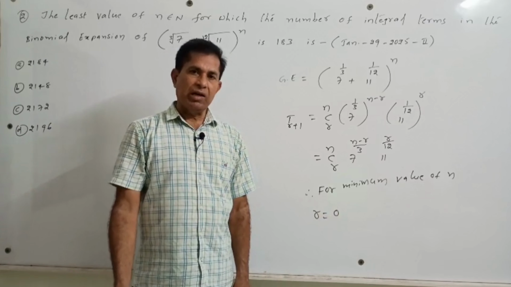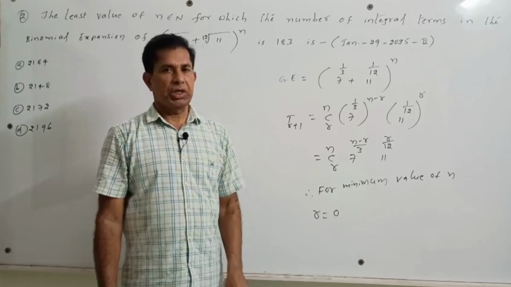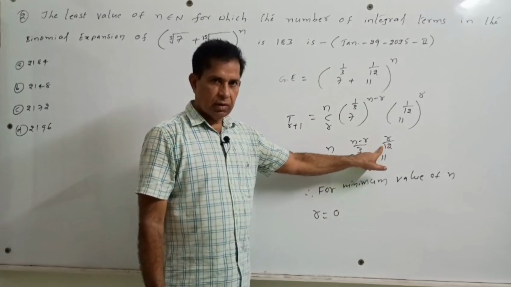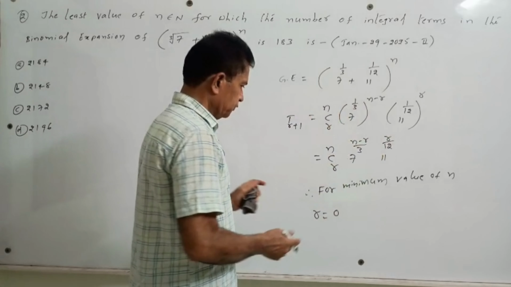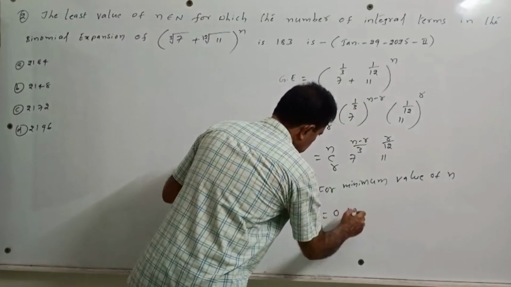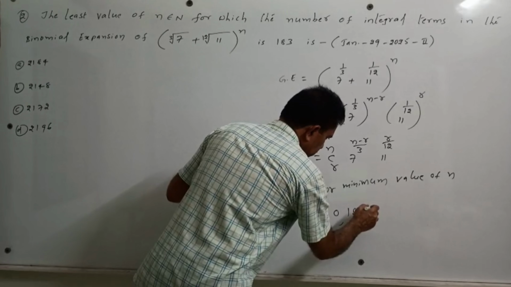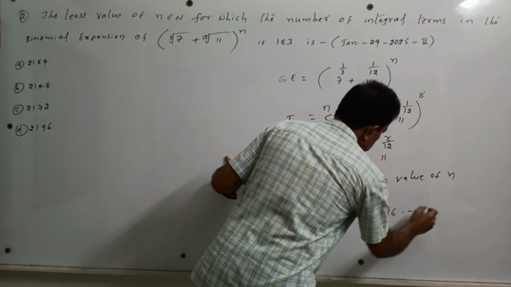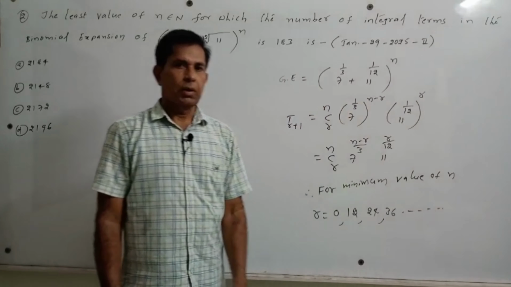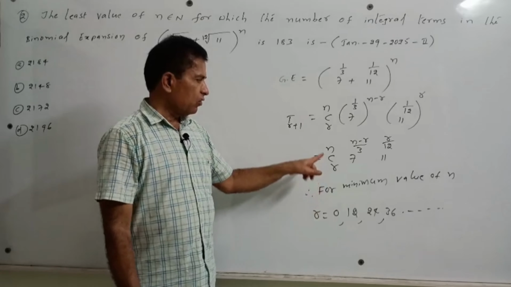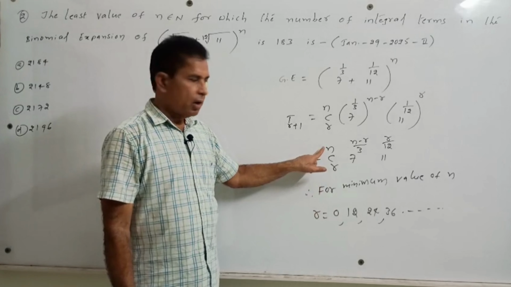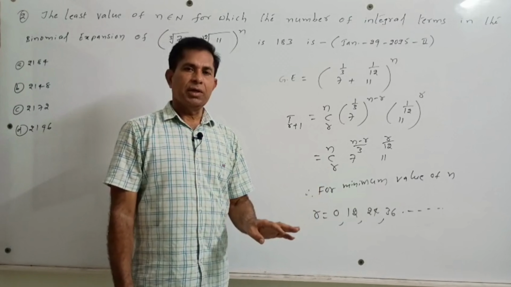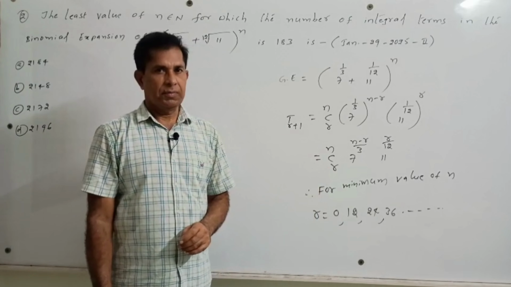For the remaining values of r, you need not check like that. The LCM of 3 and 12 is 12. Go on adding 12. 0 plus 12 becomes 12. 12 plus 12 becomes 24. 24 plus 12 becomes 36, and so on. The maximum value of r will be n. But I already told that n is a multiple of 12.